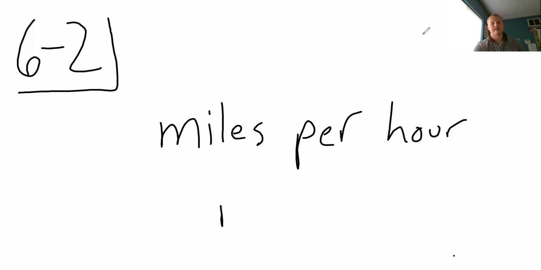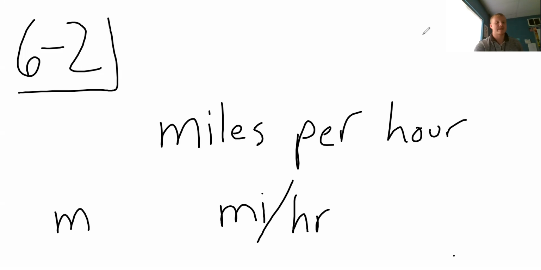I would write this as miles per hour like that, but we just shorten it even more because we are so lazy as Americans to mph. So on a car, you're going to see on any speed sign mph. But technically, it is miles per hour, with the slash. Okay, so that would be an example of a rate.